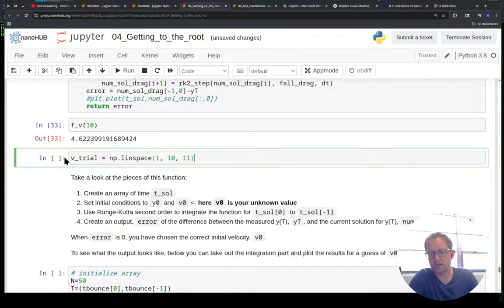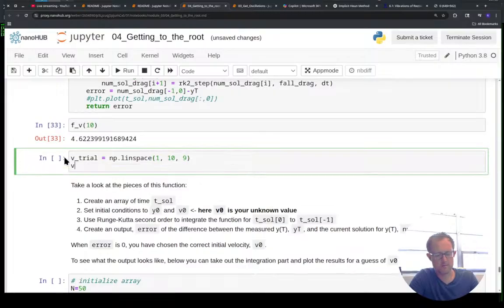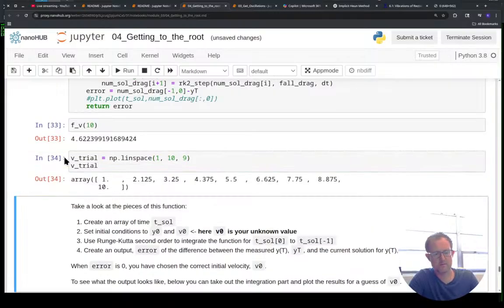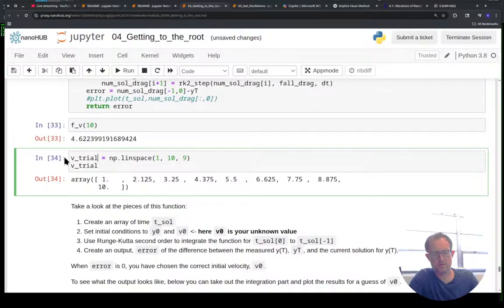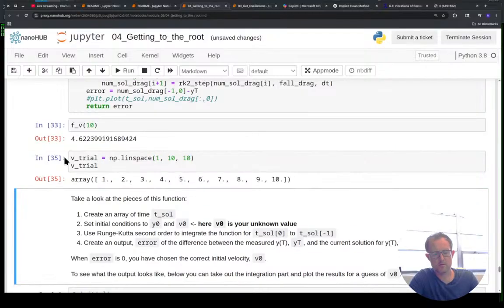So let's do 11 steps. Can we do 10 steps? 9 steps? There we go. I wanted 1, 2, 3, 4. So I guess I could have done a range, but I like linspace.